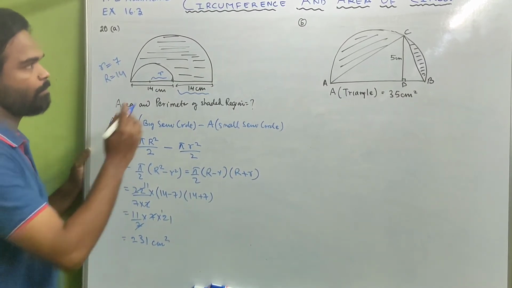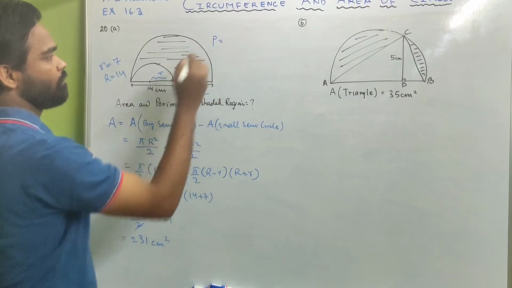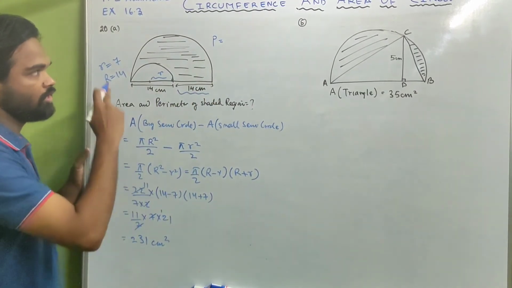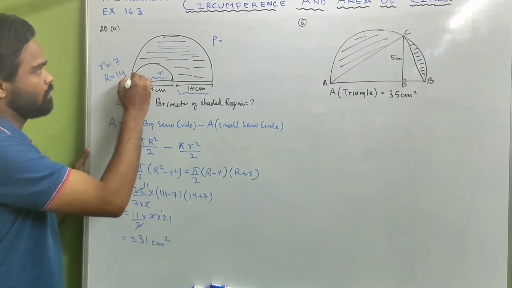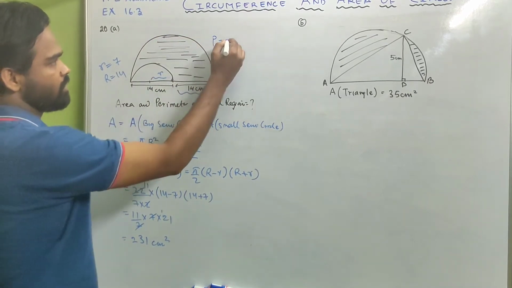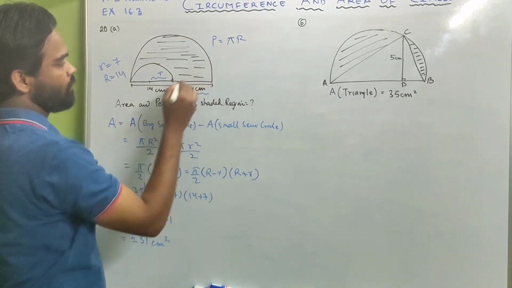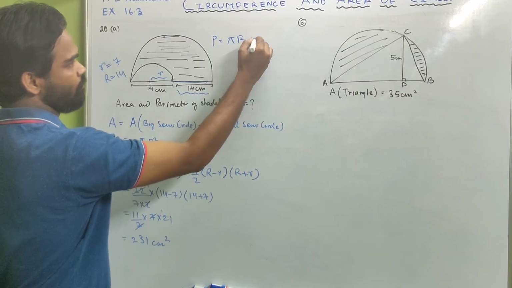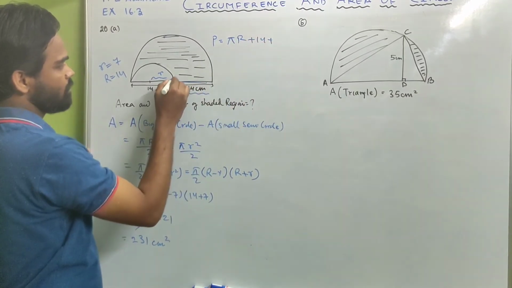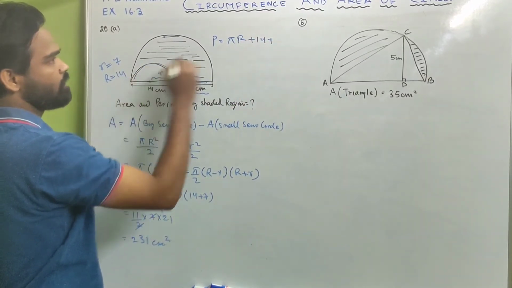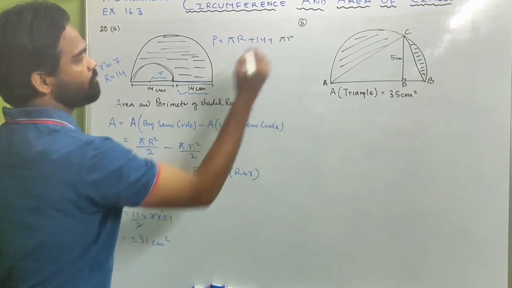Now when you talk about the perimeter, if you look carefully, the perimeter of the shaded region is this portion, which is capital pi R, plus this portion, which is 14, plus this portion, which is small pi r.